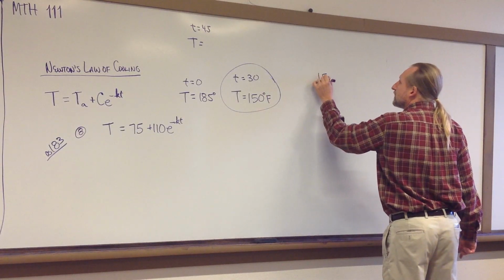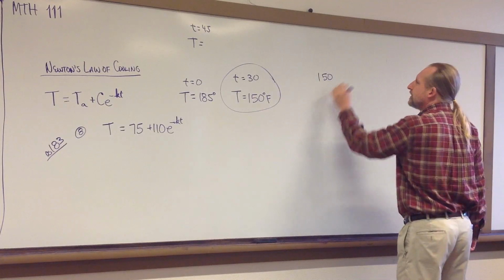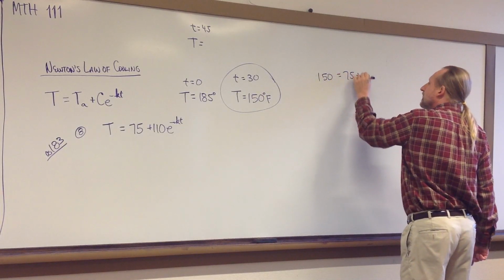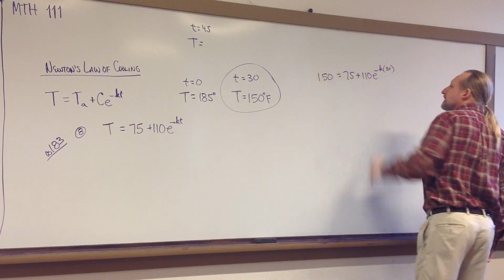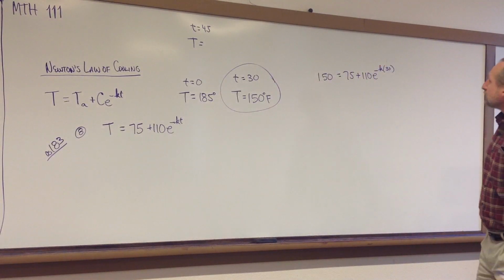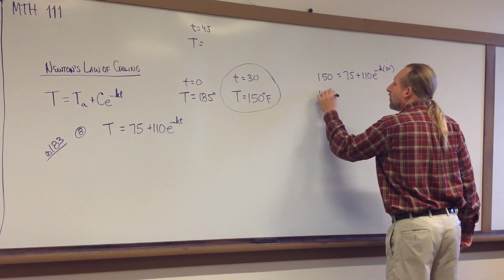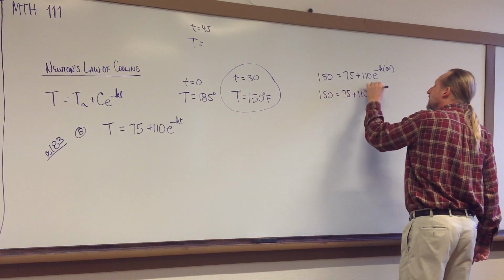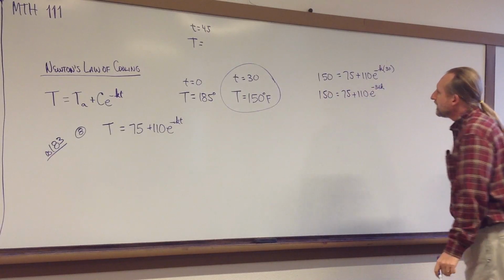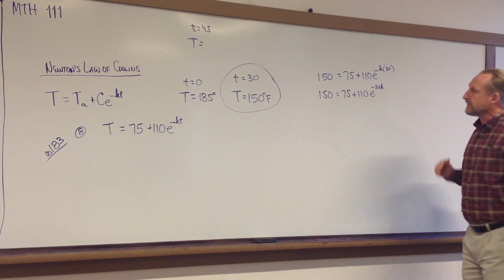Now we plug this in. 150 is 75 plus 110 e to the minus k times 30 minutes. So 150 equals 75 plus 110 e to the minus 30k. We want to get this k by itself.